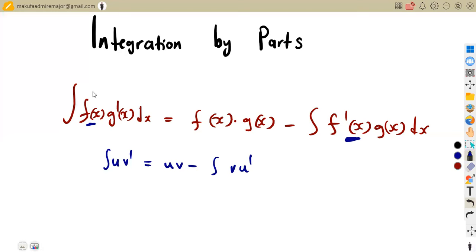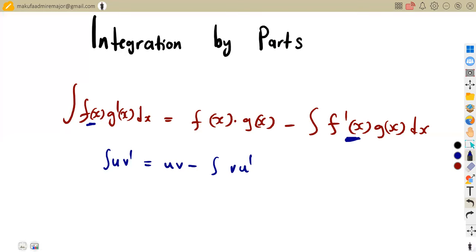If we can differentiate that function directly, then we can choose it to be our f of x. Normally, it is best to choose an algebraic expression. Yes, we can choose a linear or exponential, as long as we can differentiate that part.